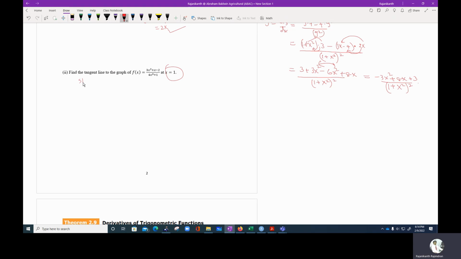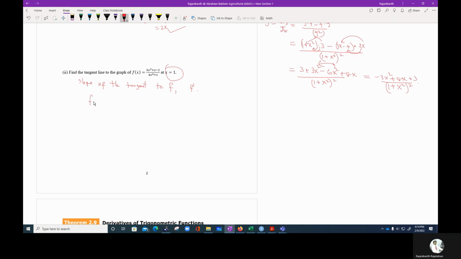So the slope of the tangent to the graph of f is simply f prime, right? That means you need to find the derivative of this function first.